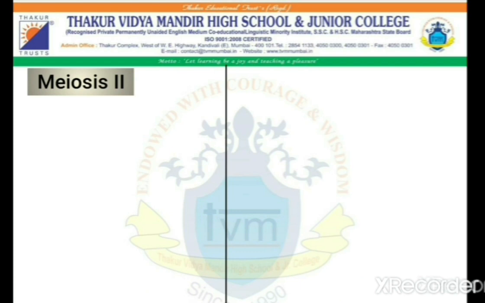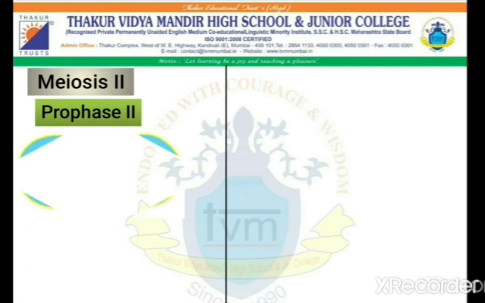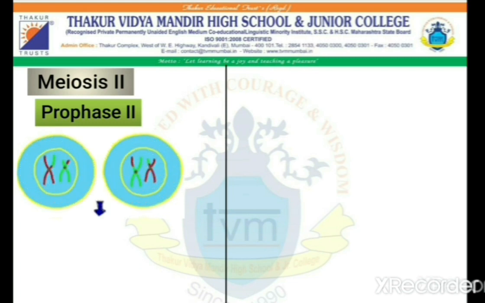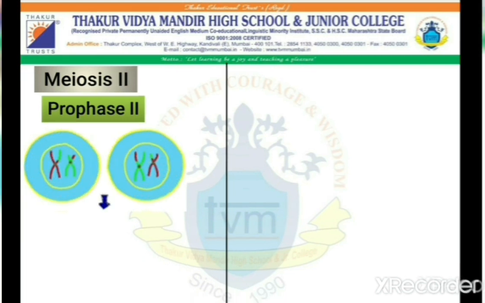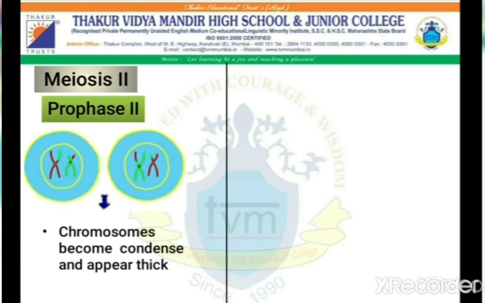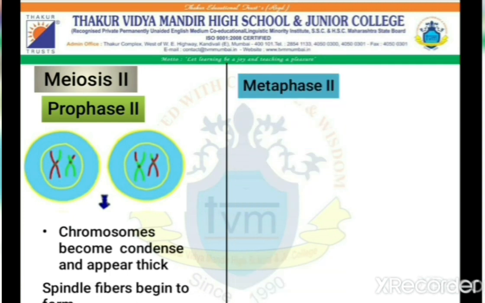The first phase is prophase 2. In prophase 2, the two daughter cells which were formed earlier start to condense and appear thick. Then it moves on to the next stage, that is metaphase 2.